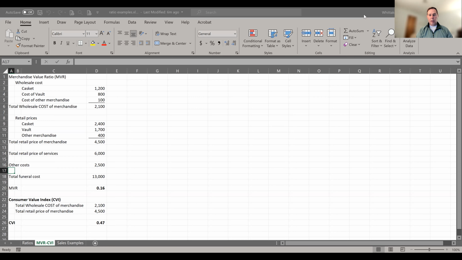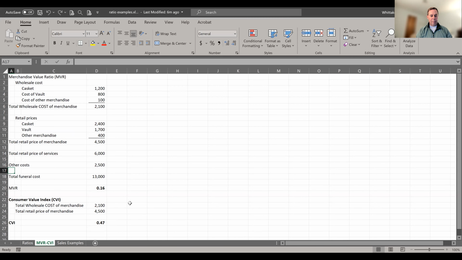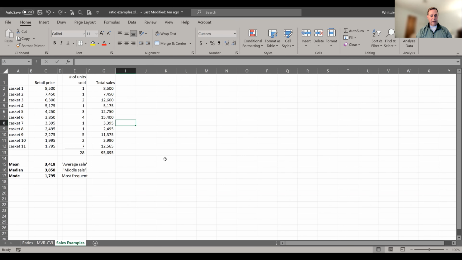This is in the financial analysis part, and down at the bottom are the ratios for current assets, current liabilities, and days receivable and so forth that you can play around with, plug those in. And then the tab here for MVR and CVI, you can play around with that a little bit. And then the sales examples for mean, median, and mode.